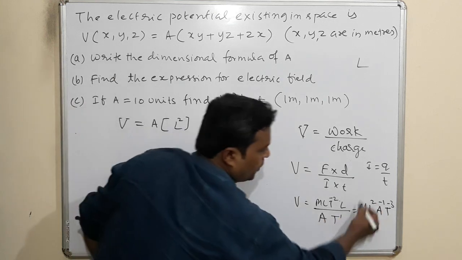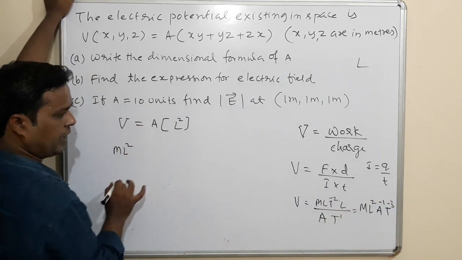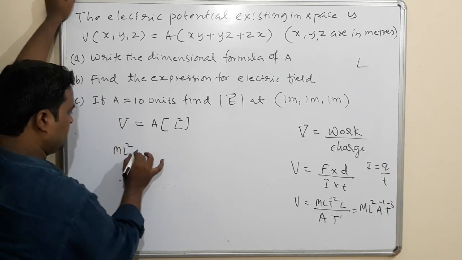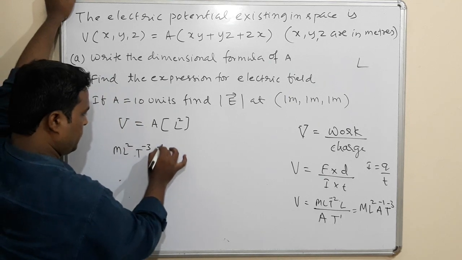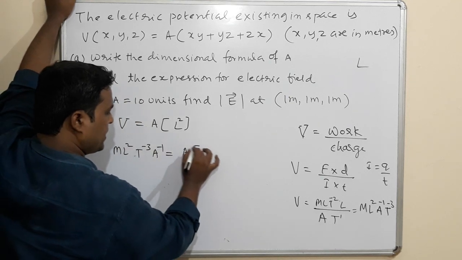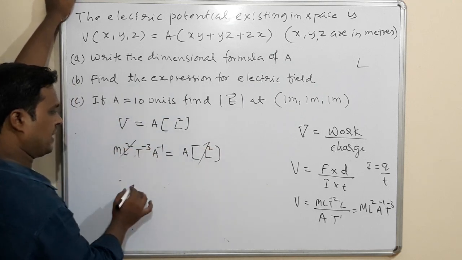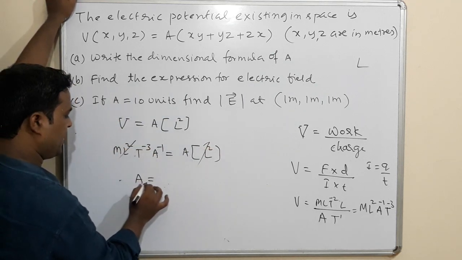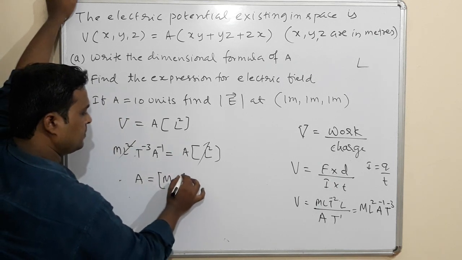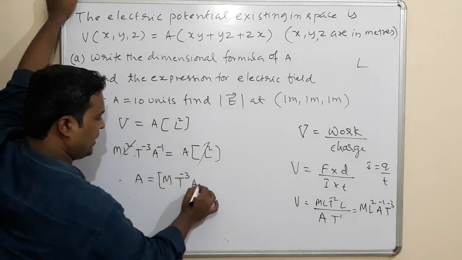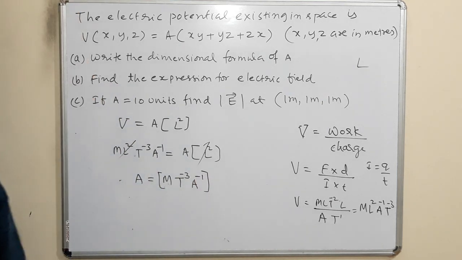This is the dimension of potential: M L square T minus 3 A minus 1, equal to constant A into L square on this side. This L square and L square get cancelled. Then the dimension of A can be written as M T to the power minus 3 A to the power minus 1. This is the dimension formula of A.